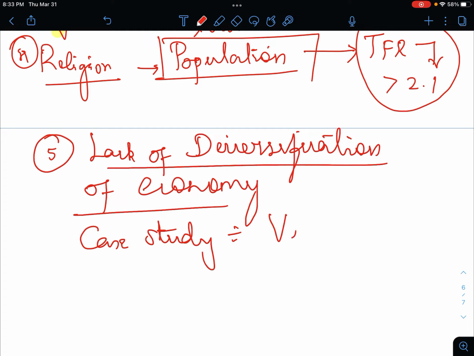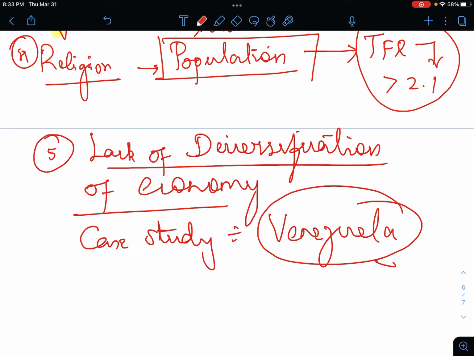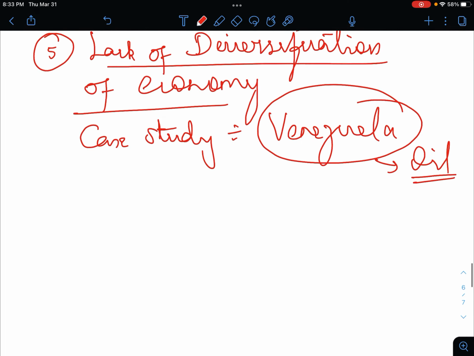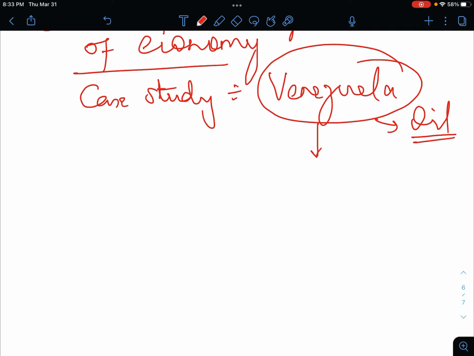Venezuela, which is present in South America, is largely dependent upon oil. Whenever the global oil prices went down, Venezuela has been struggling with inflation, political instability, current account deficit, and whatnot.